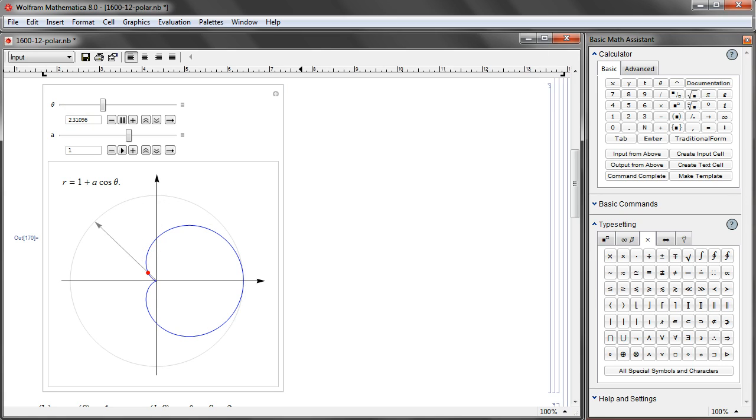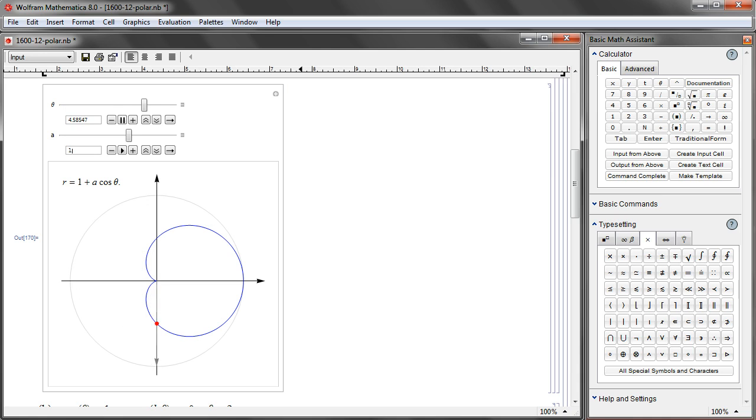Now if you point toward the left-hand side, when theta is equal to pi, then we have cosine of pi, that's negative, so we have 1 minus 1, r equals 0. What do you mean by that? This red point comes back to the origin when the gray arrow is pointing toward the left-hand side. Toward the left-hand side, that's when theta value is pi.